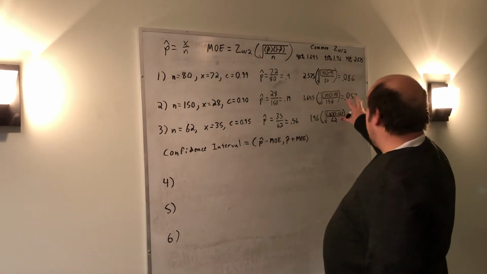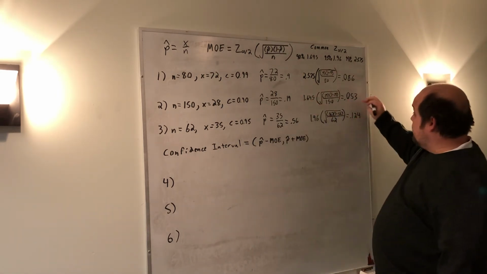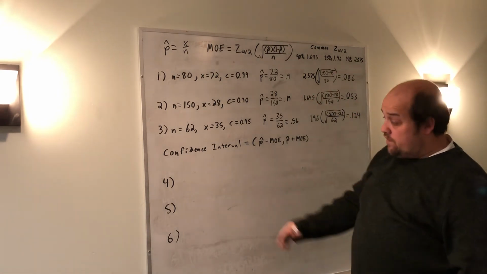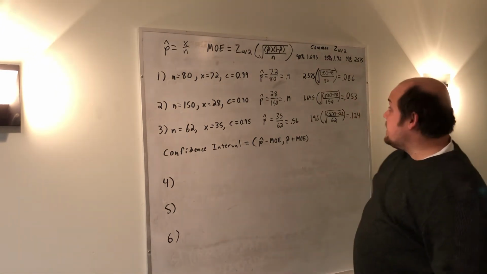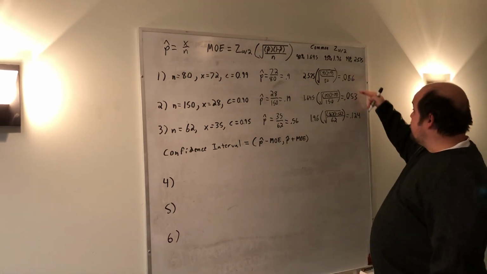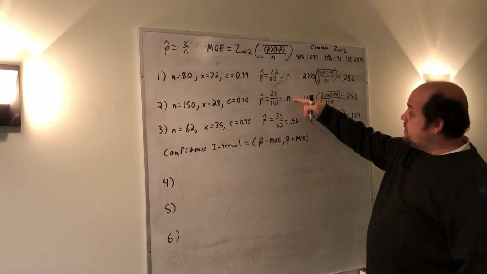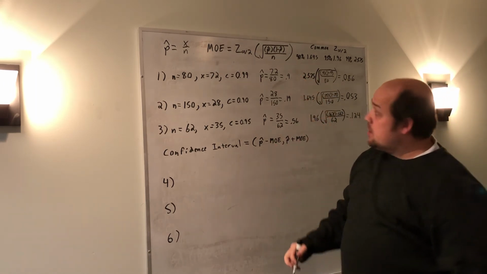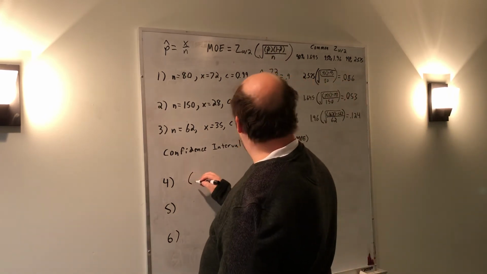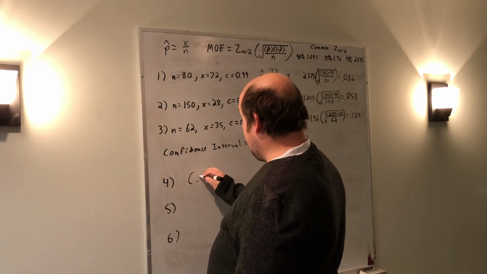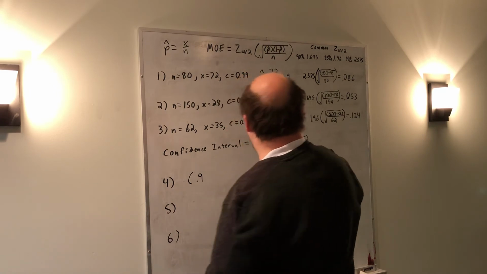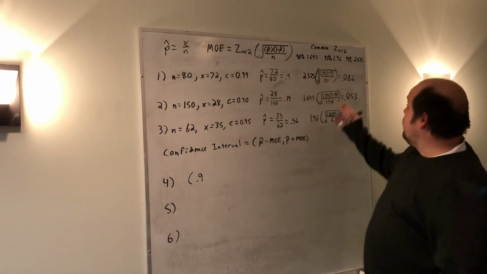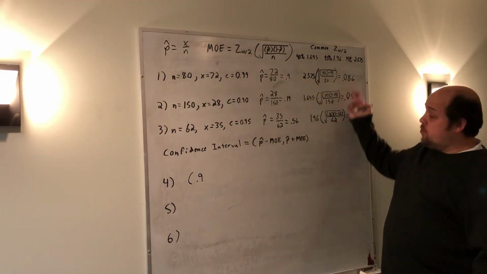So this was all the hard work to get to this margin of error. When I'm doing 4, 5, and 6, all it's asking me to do is take that margin of error in conjunction with the p hat that I also found and use them to create the confidence interval. So in number 1, we had a p hat of 0.9. For number 4, I'm going to start with that 0.9. In number 1, we found that the margin of error was 0.086.